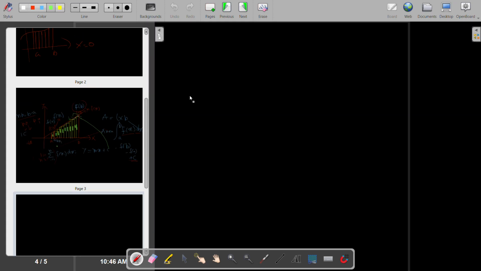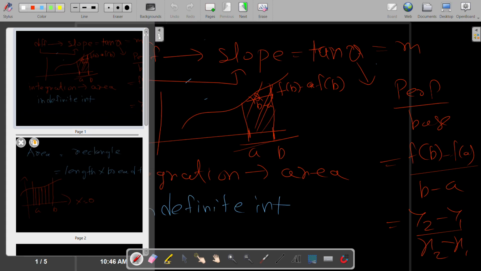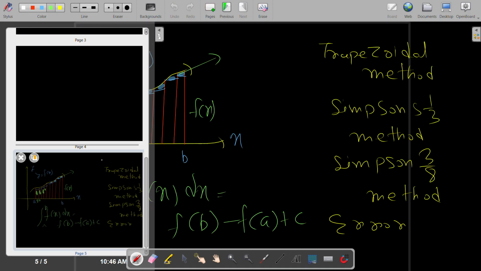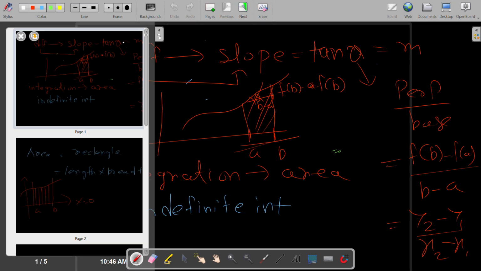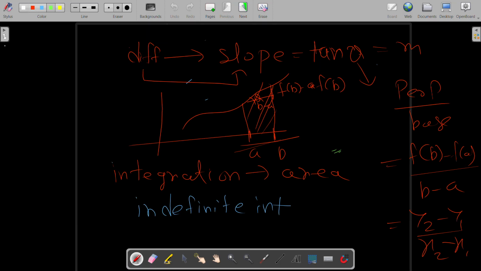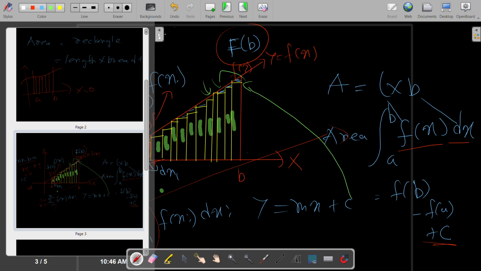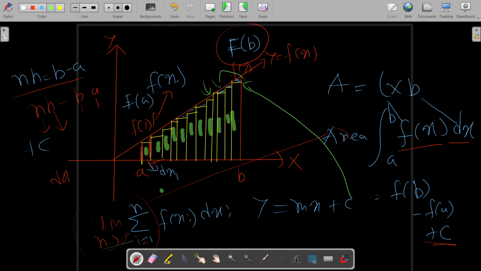Here we have taken n as infinity, because we have taken countable intervals 1, 2, 3, 4, 5, 6, 7, 8, 9, 10, but we can obviously partition this area into infinite intervals, so we have taken n as infinity.